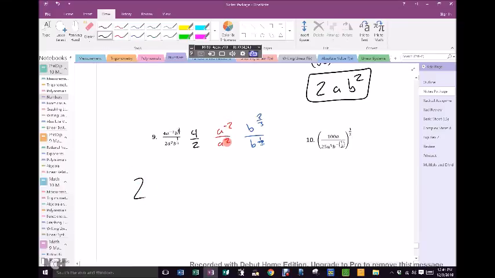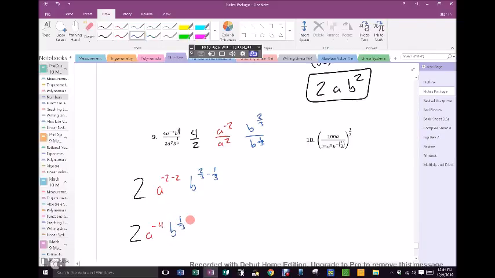Negative 2 and positive 2. What math do I do there? Subtract. A to the negative 2 minus 2, right? And b is 2/3 minus 1/3. Now I simplify. What's negative 2 minus 2? Negative 4. A to the negative 4. What's 2/3 minus 1/3? 1/3.